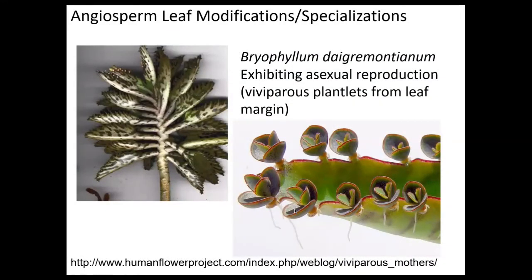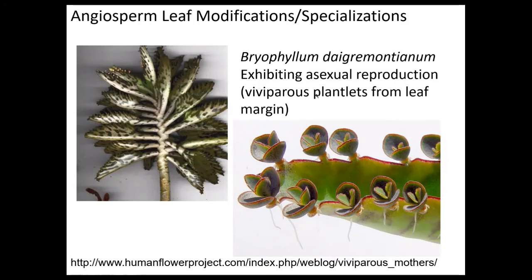All right, leaves can function in asexual reproduction, as you see going here. I've got some 50-year-old African violets in my living room that aren't violets, but the way you propagate them is take a leaf and stick it in the ground and it'll grow. But these are viviparous.